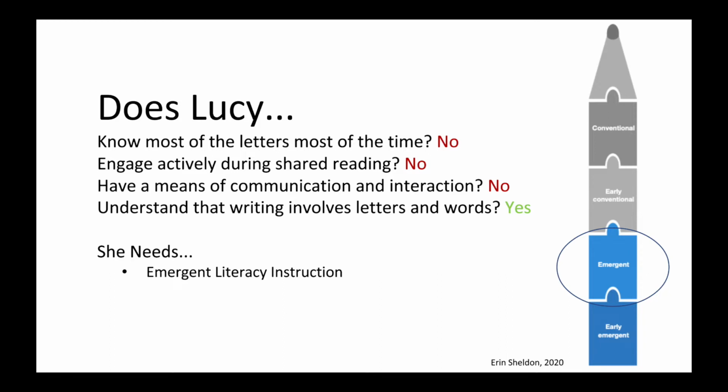So if we take a look at the continuum on the right, Lucy's in that emergent blue stage. She's not yet in the gray conventional area. So we know that the ALL program is not an appropriate intervention for her yet.